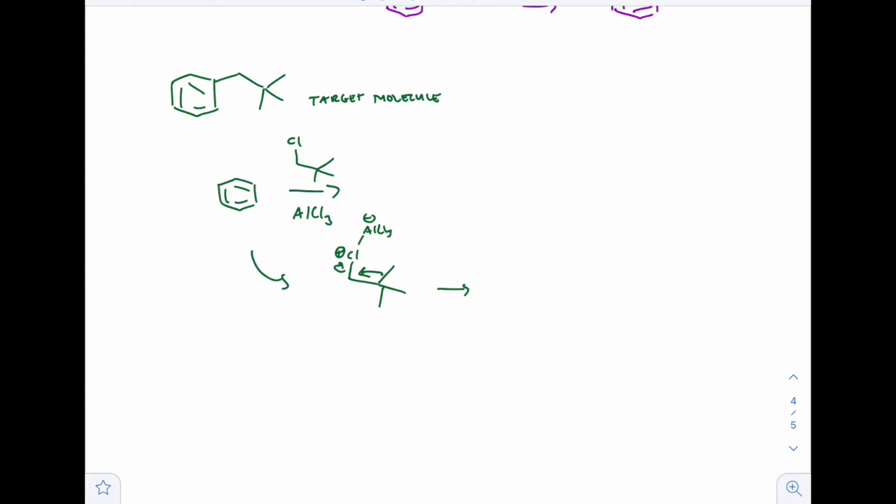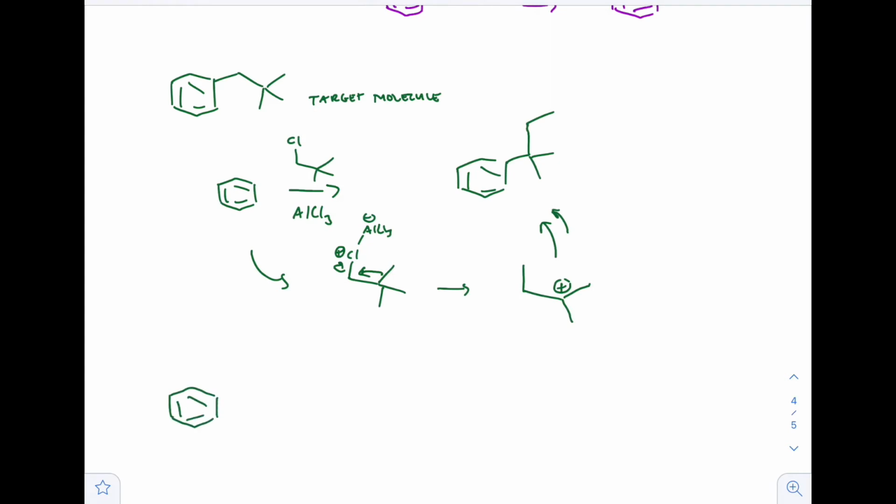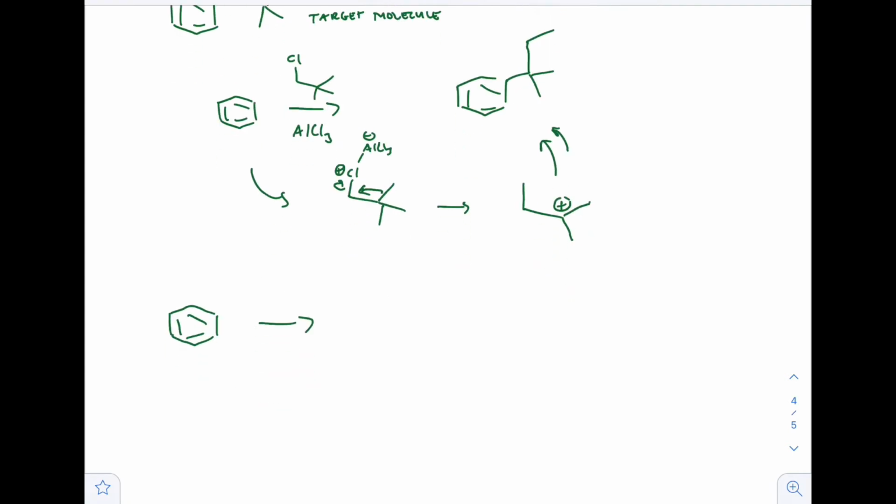We can do a 1,2 alkyl shift. That 1,2 alkyl shift will yield a tertiary carbocation. That's why it happens. If you can do that with the simple methyl shift, it's very easy. The hydride is very small as well, so that's pretty easy. And then we get this kind of branched compound added to our benzene ring. That's clearly not the desired compound.